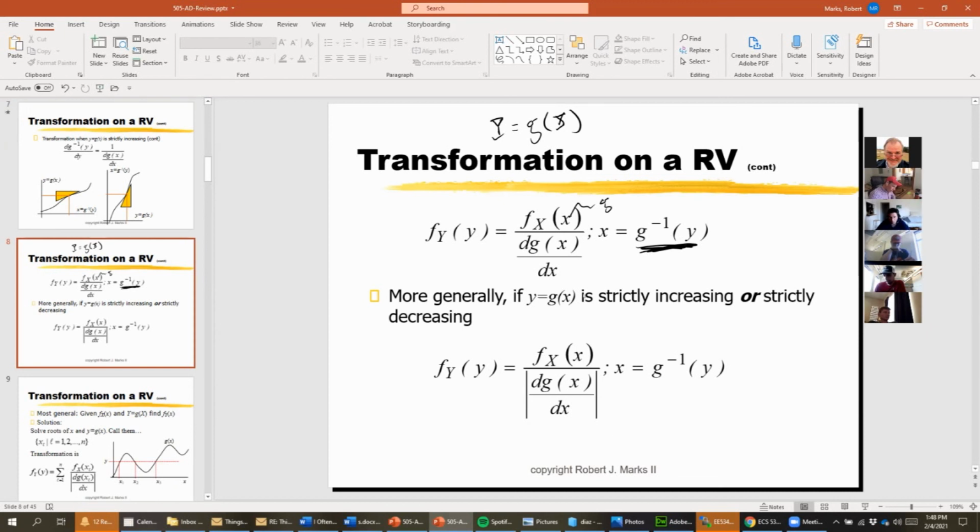And it turns out that if we had a strictly increasing or a strictly decreasing function, then we could generalize this formula by, in the denominator, putting the magnitude of the derivative of the function y is equal to g of x. So this is a nice general formula if you have a strictly increasing or a strictly decreasing function.